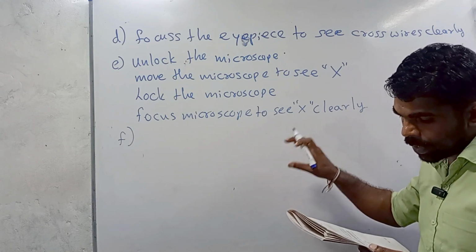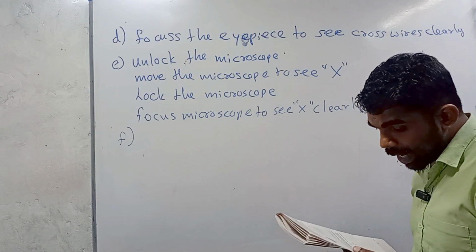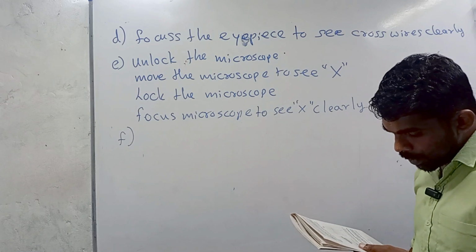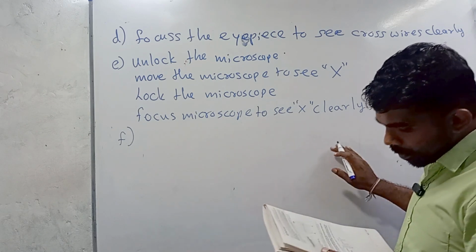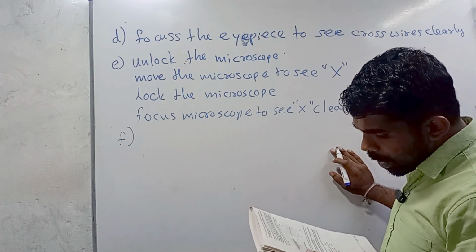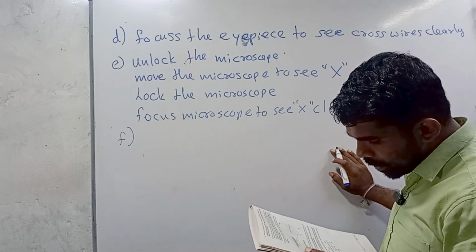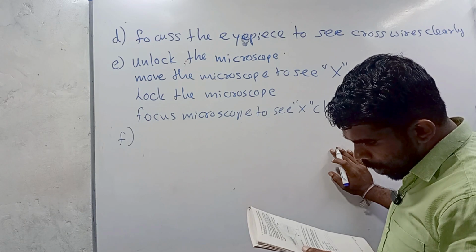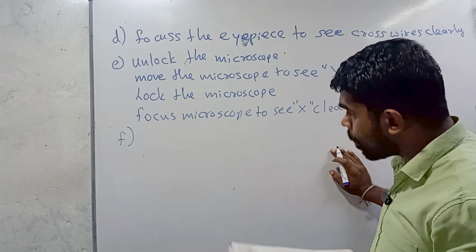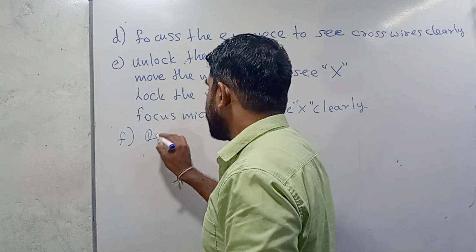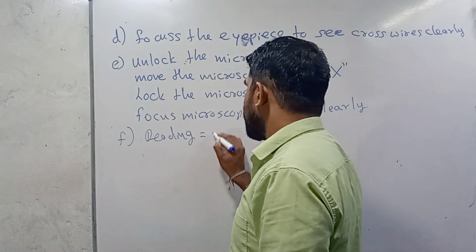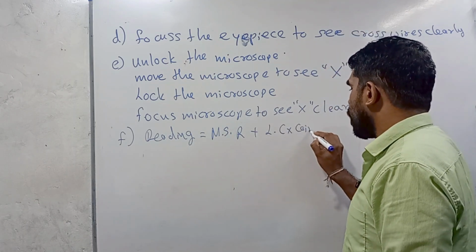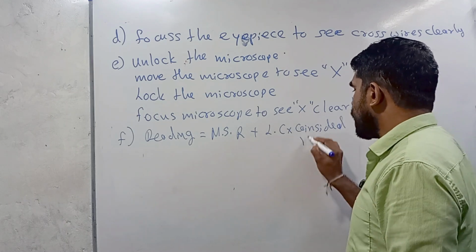You have to identify it in the original diagram, not the magnified one, and observe the main scale reading using it. Main scale reading is 4.65. Then we can write reading equals main scale reading plus least count into the coincided vernier scale part.